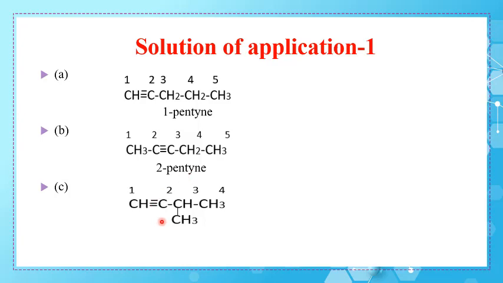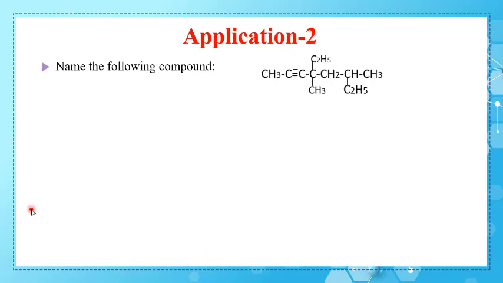Then I take this branched chain and I put a methyl group here on the third carbon atom, and the triple bond on the first carbon atom. The nomenclature is 3-methyl because the methyl is on the third carbon atom, and the triple bond is on the first carbon atom, so it is 3-methyl-1-butyne.